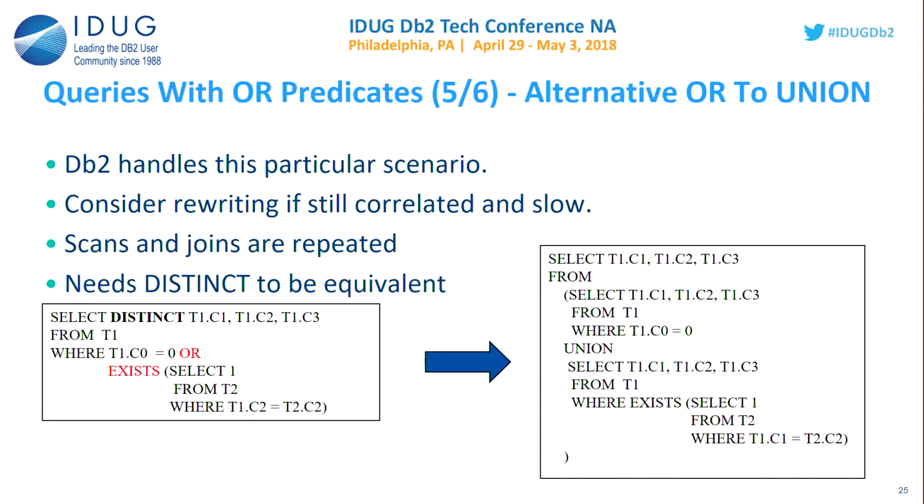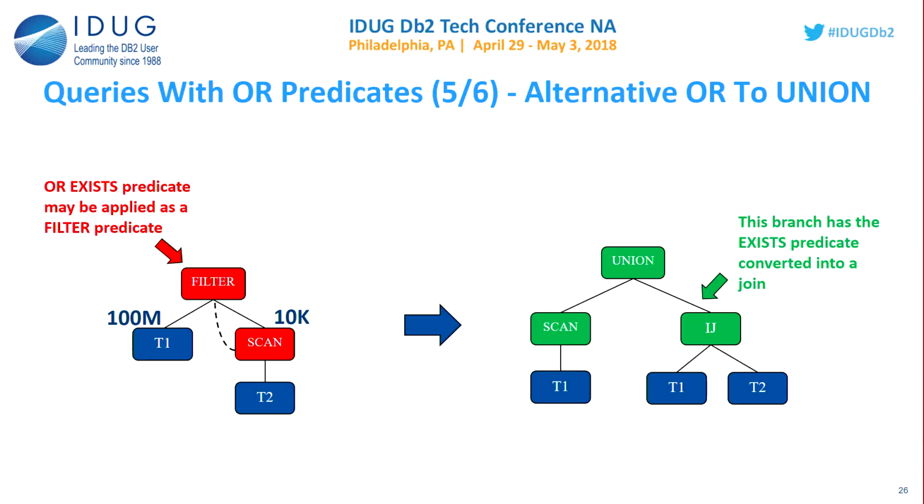In this case, you have the first subterm here and the second subterm here, and we automatically decorrelate this. So there are different ways of writing an OR predicate, either OR to left outer join or to union.